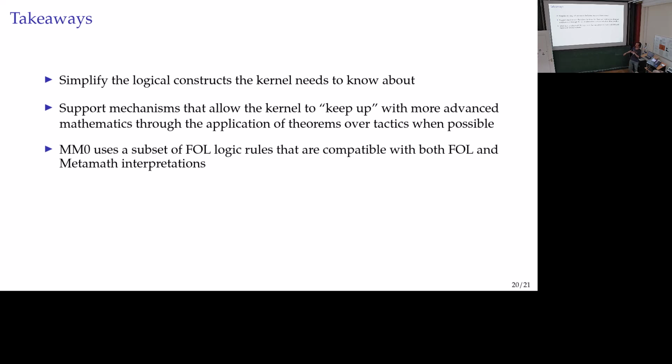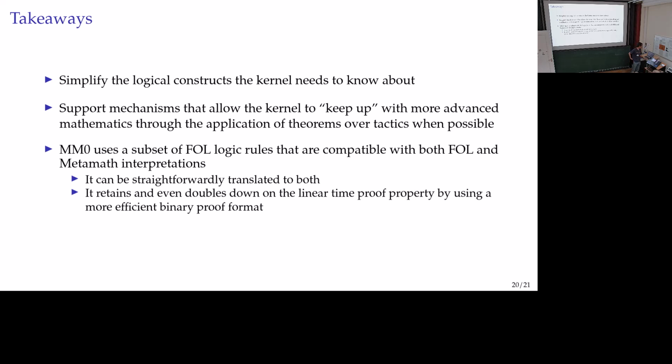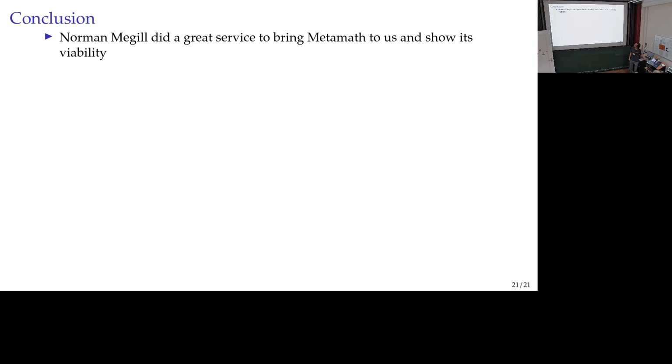Right? So Metamath 0 sort of tries to do it both ways here. It uses a subset of first-order logic rules that are compatible with both the classical first-order logic interpretation and also this Metamath interpretation. Because of this, it can be straightforwardly translated to both. And as I mentioned, it doubles down on this linear time property.